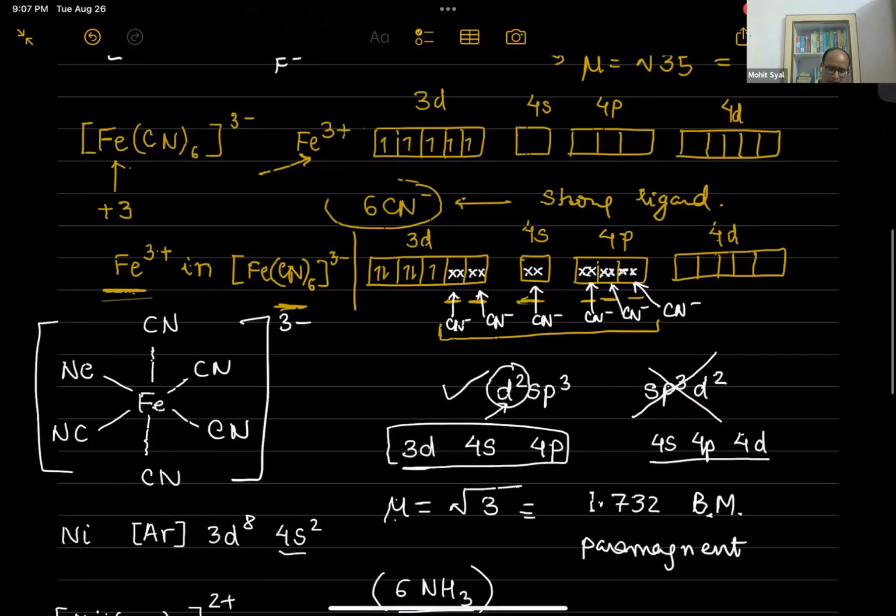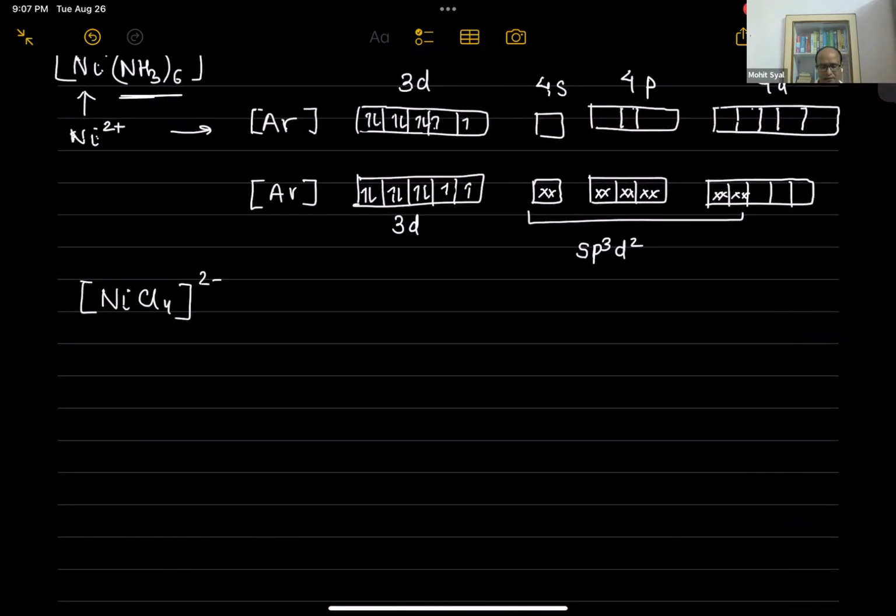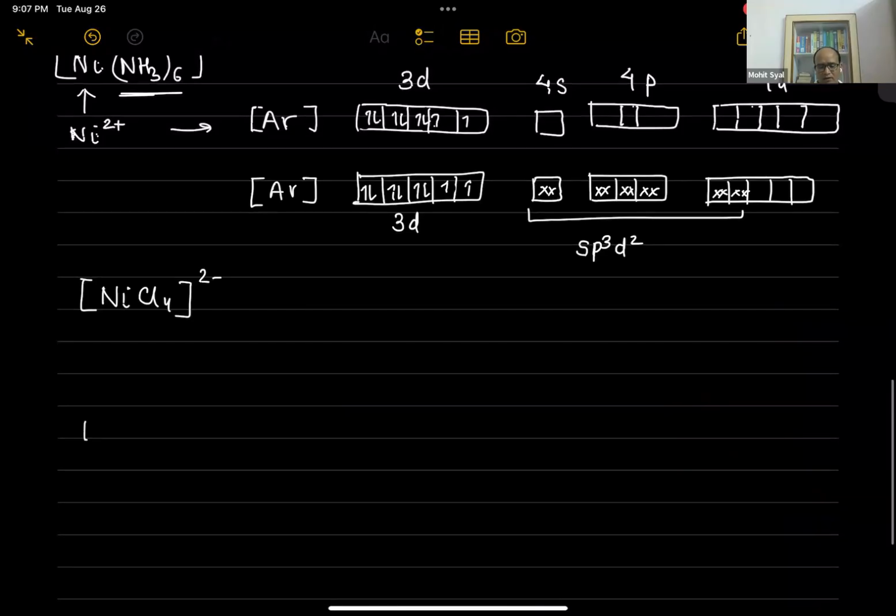So Cl minus is weak and CN minus is strong. In both the cases, what is the oxidation state or the charge of the nickel? Who is going to tell me?